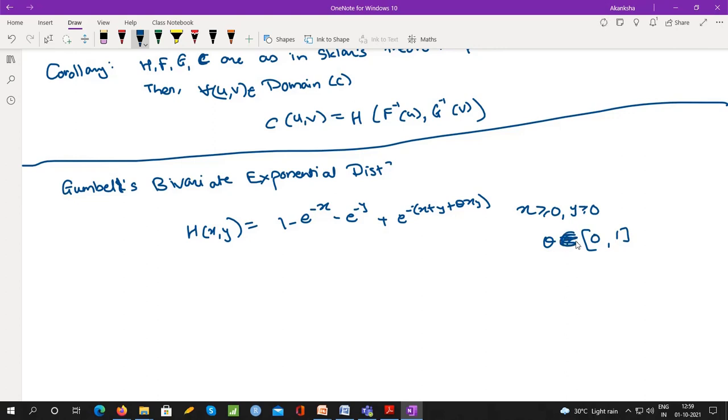Theta is kind of like a correlation parameter. And of course 0 otherwise. So this is the CDF for Gumbel's bivariate exponential distribution, and its marginals are supposed to be standard exponential. Marginals are standard univariate exponentials.